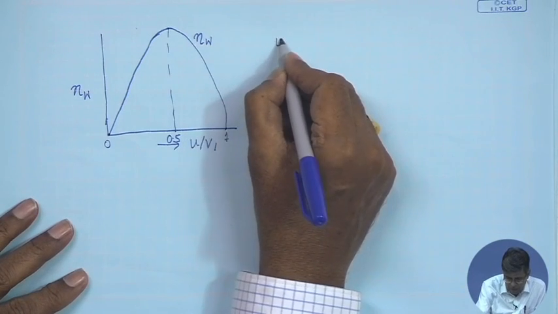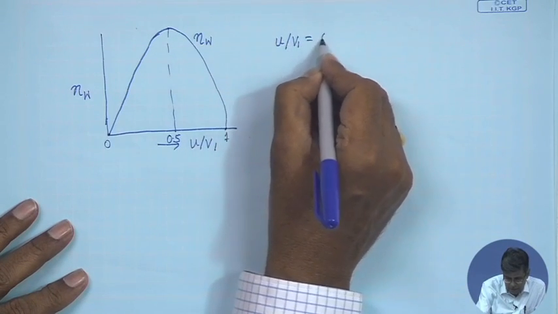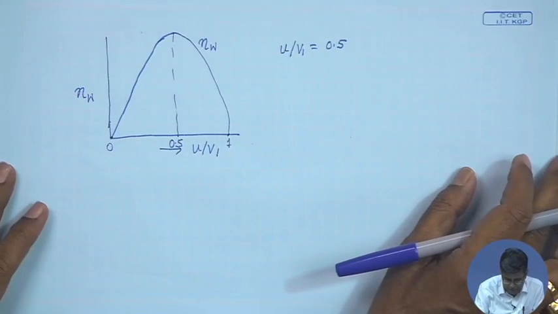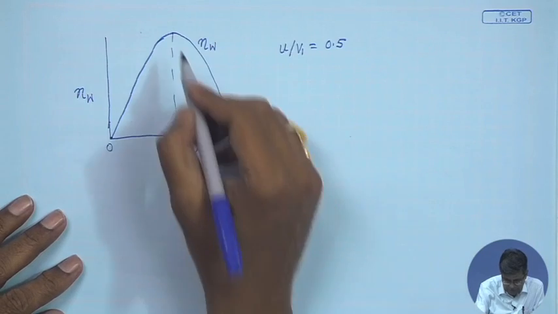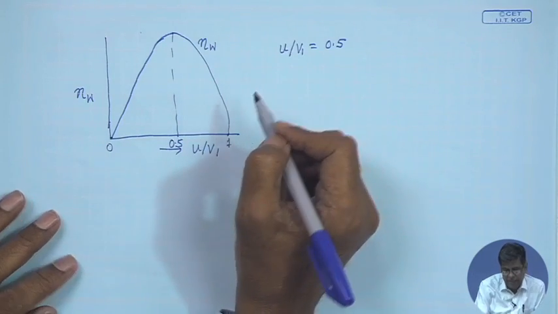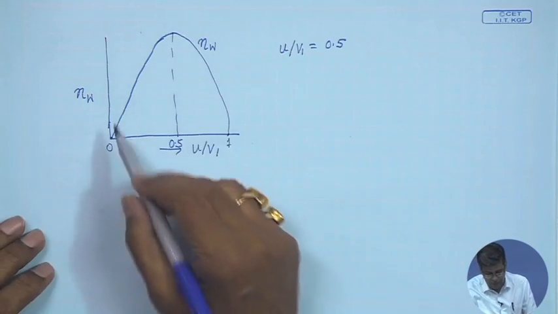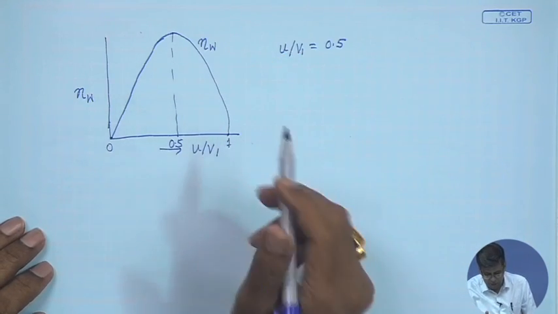That means, when u by V1 is 0.5, we have the maximum wheel efficiency. The wheel will operate in its maximum efficient condition. That means it will convert the kinetic energy of the water at inlet most efficiently into the mechanical power of the rotor.